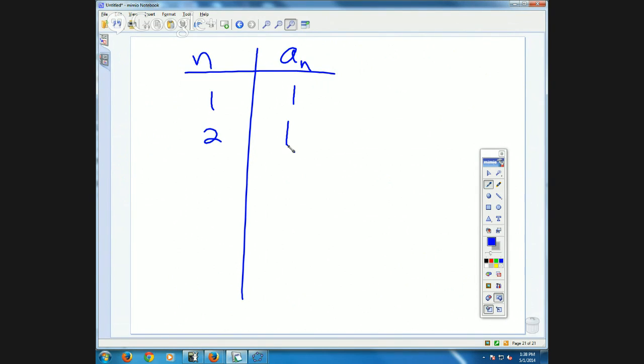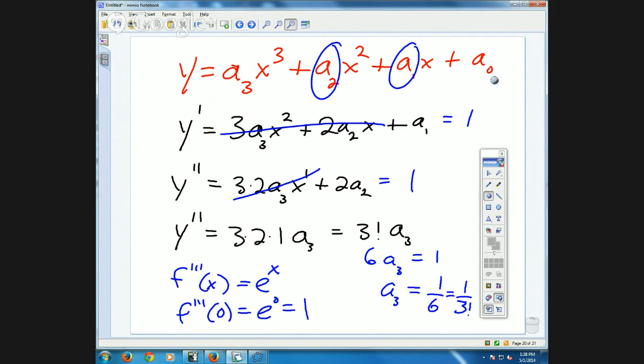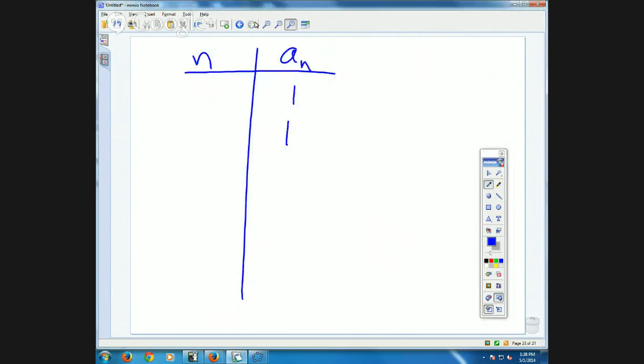No, because remember the tangent line was 1x plus 1? Actually, no, I'm right, I started with n equals 0. I forgot, I counted at 0. That matters.